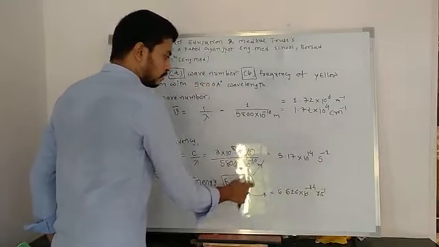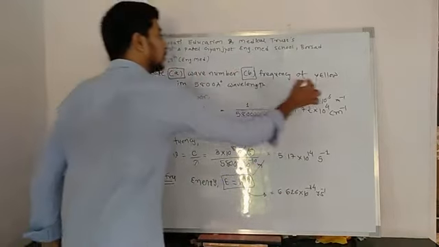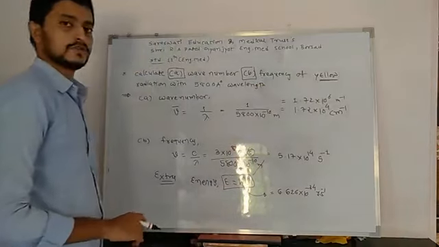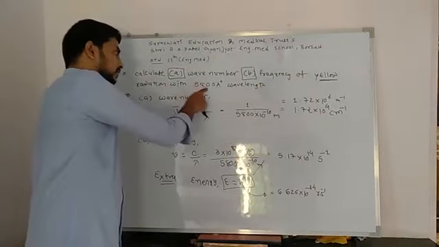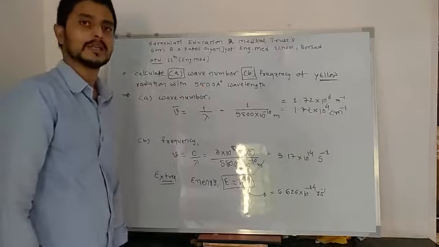So put down the value of h and multiply with nu, it will give the energy for the yellow color radiation. So you can calculate three parameters with the given wavelength: nu bar, nu as well as energy E.